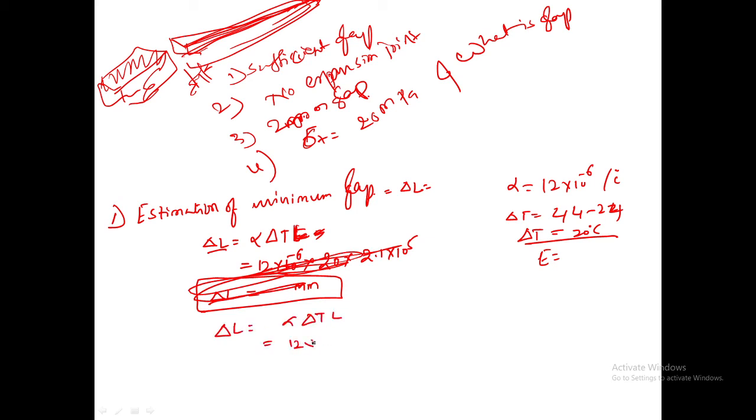so 12 into 10 to the power of -6. Delta T is 20 degrees Celsius. L is how much? L is 12.6 meter. Okay, now it is 12.6 meter. Okay.